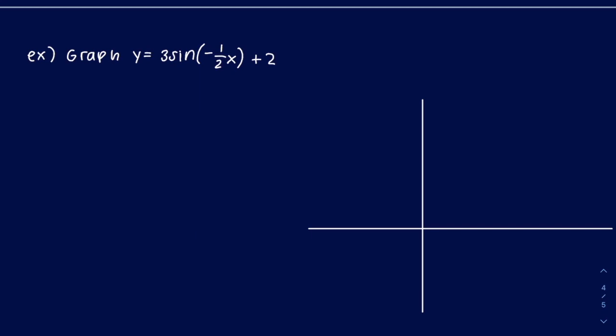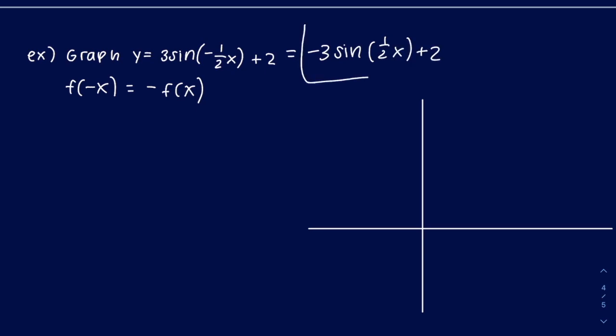We know that that's an odd function. So that means that f of negative x is equal to negative f of x, according to the property we just listed. And so this is actually equal to negative 3 sine 1/2 x plus 2. We're going to be using this version of the function to guide our graphing.